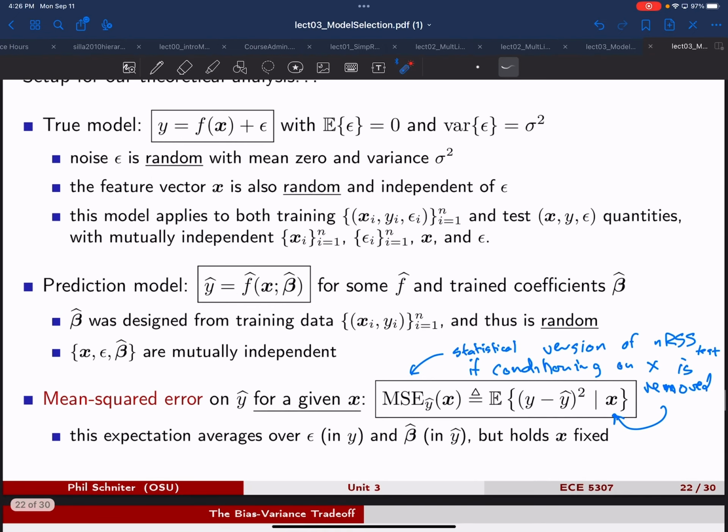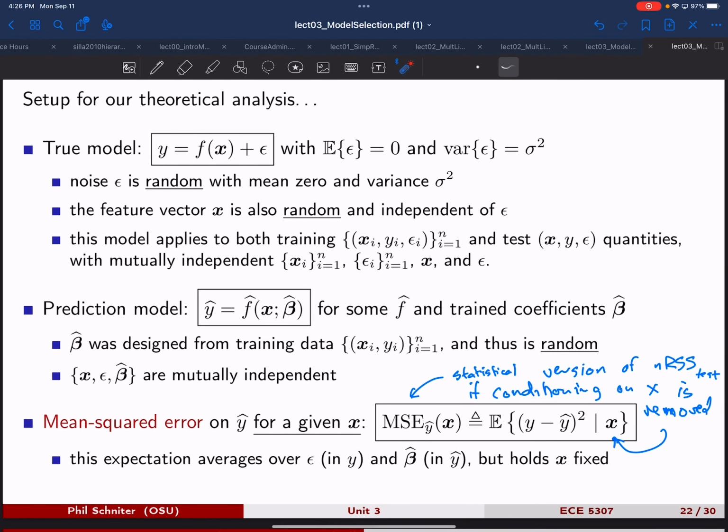If we go back to our model here, imagine that we are doing the very best thing we possibly can, which would be to set our predicted model exactly to f(x). That's the best we can possibly do, right? In that case, the difference between y hat and y will be exactly epsilon. But epsilon is something that's unpredictable because it's some test quantity that we never have access to at the time of training.